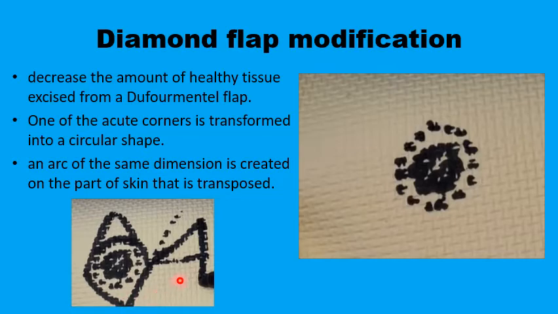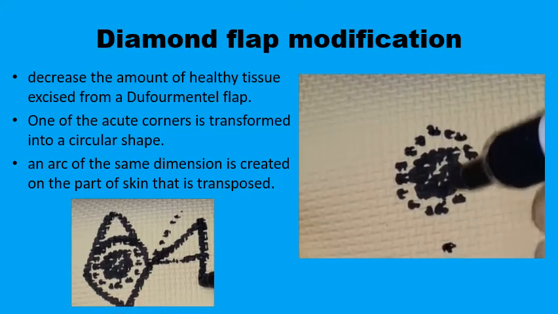Equally, the flap designed to fill up this defect can be modified because it no longer has to fill up the whole of the rhomboid by reducing the amount of the flap in this area. So it is a tissue sparing technique.